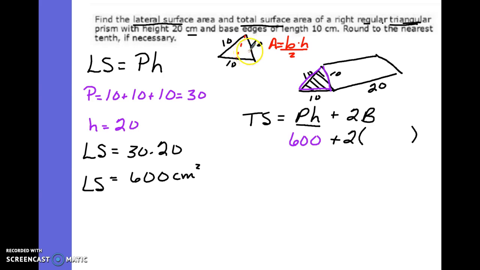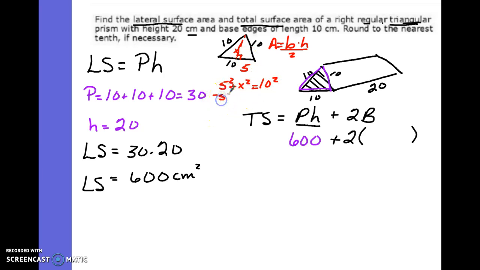So in order to do that, we could say, oh, but it makes a right triangle here, and half of 10 is 5. So we could use Pythagorean theorem and say 5 squared plus this part we want to know, x squared, equals the hypotenuse of 10 squared.